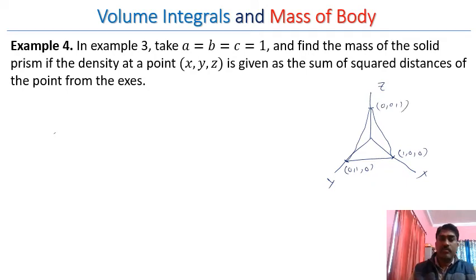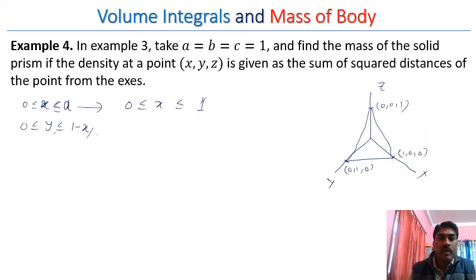So in the previous example, because we are computing the mass of the same prism that we considered, just by taking a, b, c equal to 1, we see that x was between 0 to a, so this is now 0 to 1. Then y was varying between 0 to b times (1 minus x by a). Let me write it clearly again.